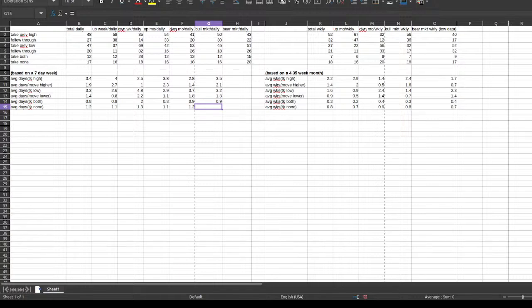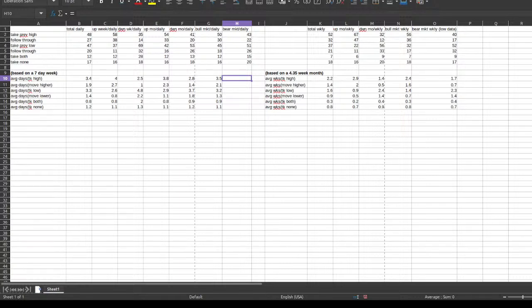1.1. There we go. Actually, no, we were generous with that one. So 0.8. There we go. No, 0.9. Because we were not generous until we went over to the bear market.